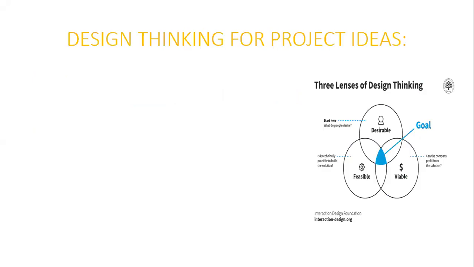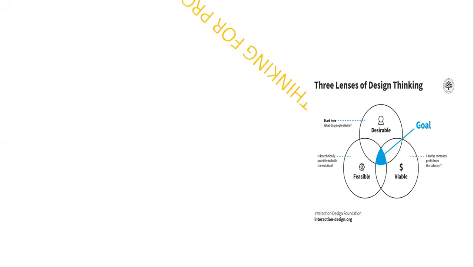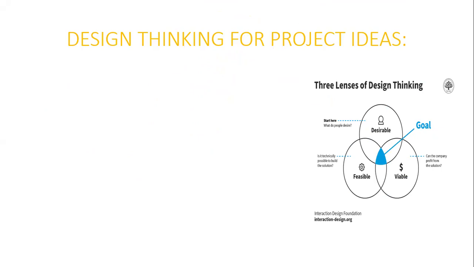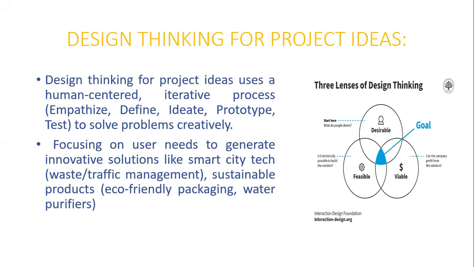Now we are moving into the main topic, design thinking for project ideas. So design thinking is considered to be a human-centric approach, or we can define it in another way, an iterative process, which starts with empathize, define, ideate, prototype, and testing.